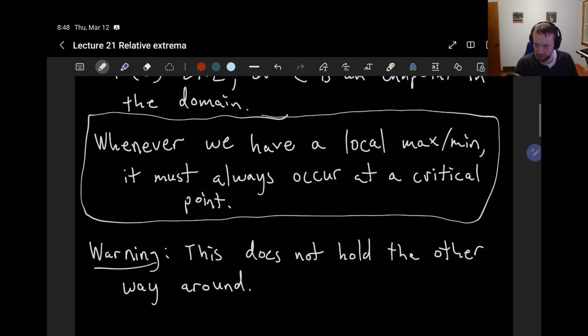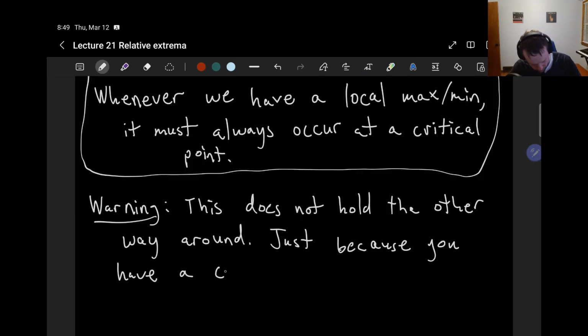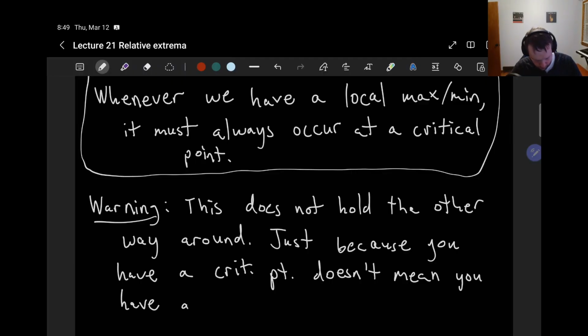But the reverse is true: if you have a local maximum or minimum, it's at a critical point. So, just because you have a critical point, that doesn't mean you have a local max or min. And I'll show you an example in a little bit.